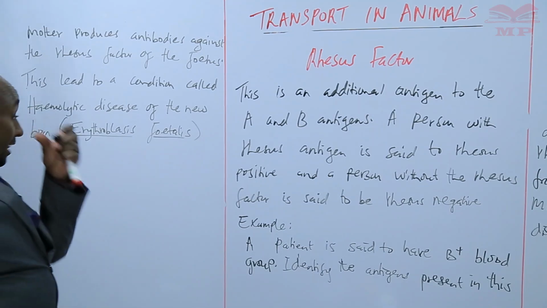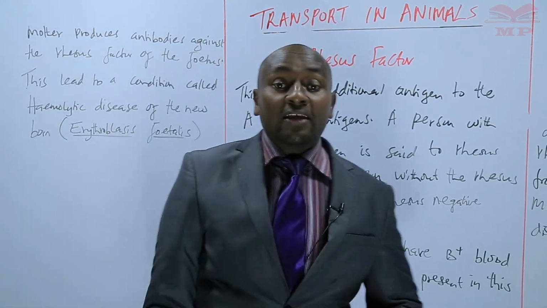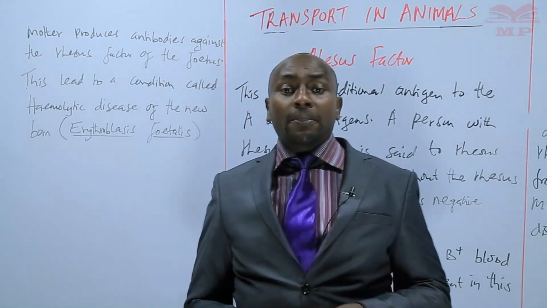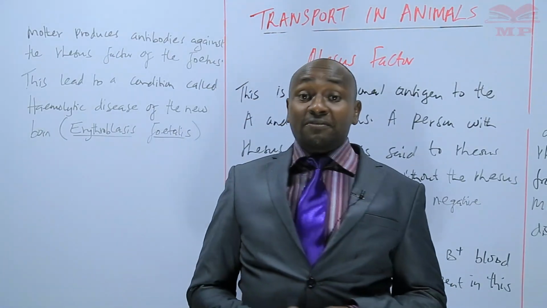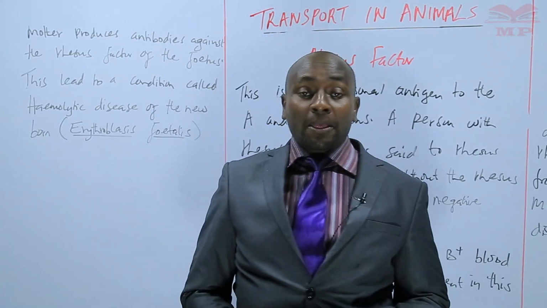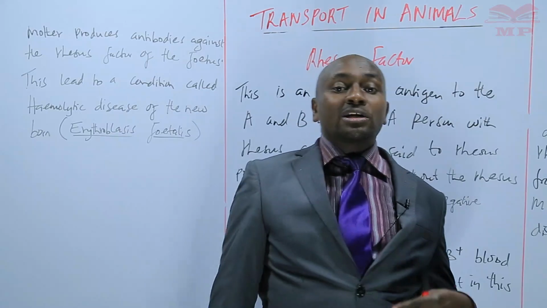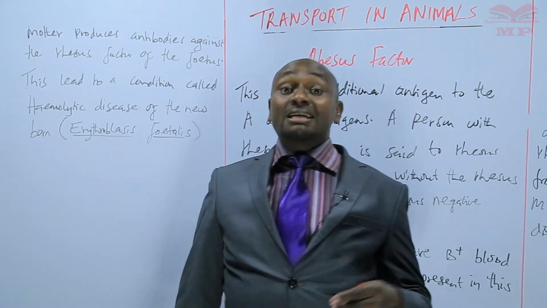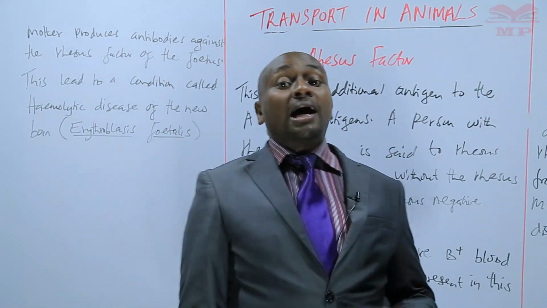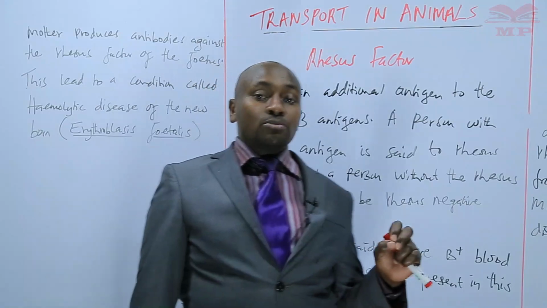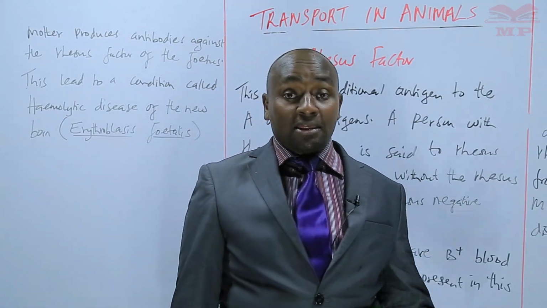So that disease that we are calling the hemolytic disease of the newborn may not affect the first pregnancy, but may affect the subsequent pregnancies, causing death due to higher levels of antibodies produced by the mother.